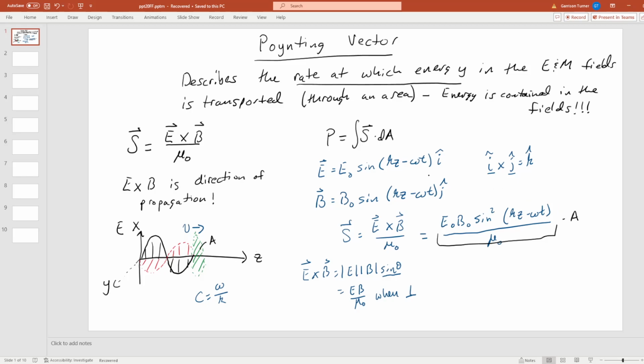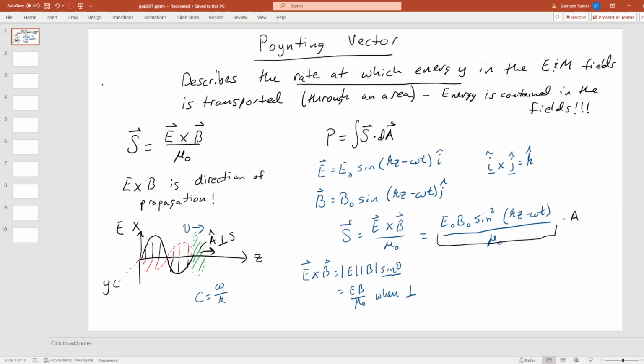The reason you would do that is because your power is your Poynting vector integrated over some area. Since these are vectors, this has to be the dot product. And therefore, if this circle is centered on the z-axis and face on, then the unit vector for your area A would be parallel to the Poynting vector.